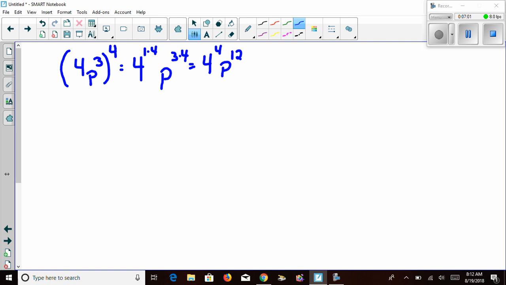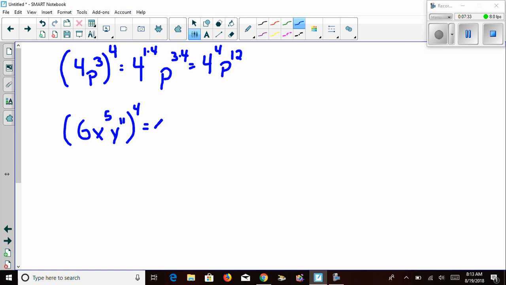Looking at one more example. 6x to the 5th y to the 11th. The whole thing, the quantity, is raised to the 4th power. So I'm going to look at that with each individual factor.